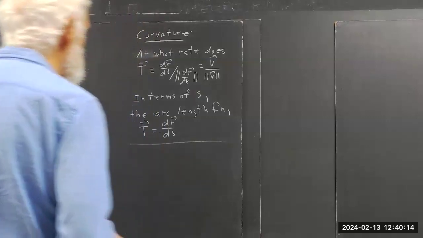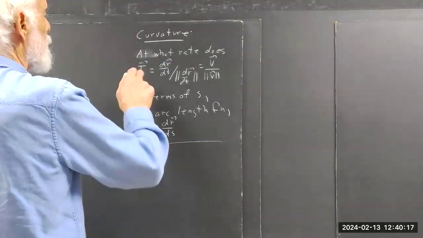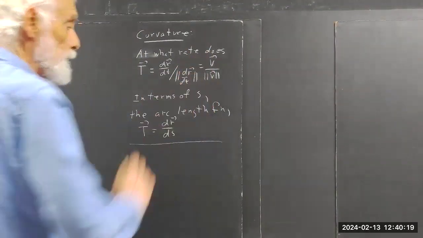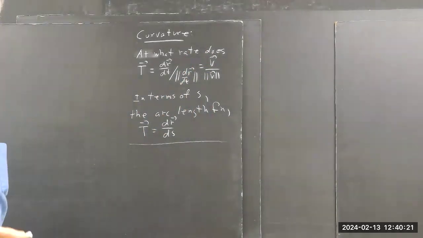Anyway, the point is, we can think of this as velocity. It's the rate of change of position with respect to whatever our parameter is.